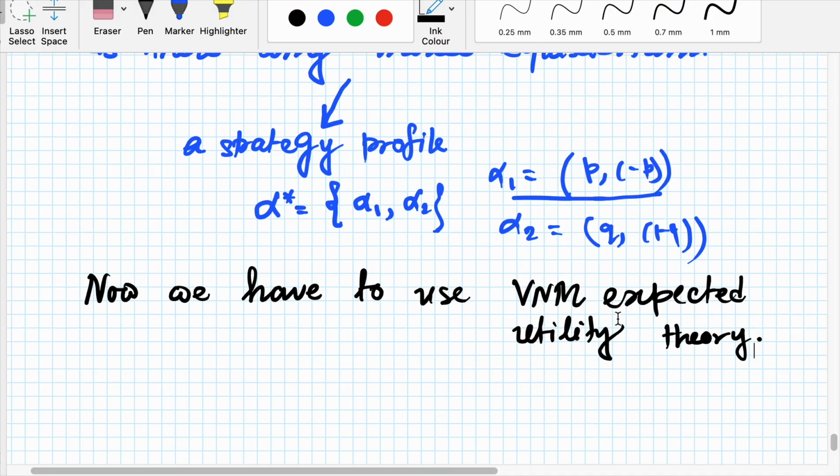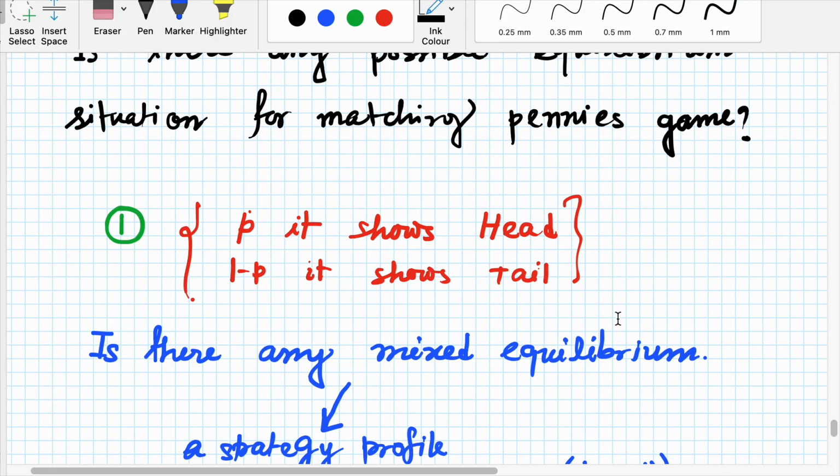Why? Because now you can see that the uncertainty faced by player 1 can be represented in terms of a lottery.